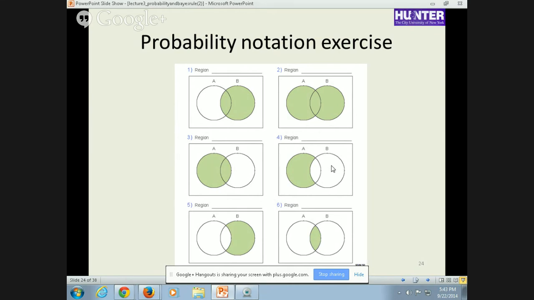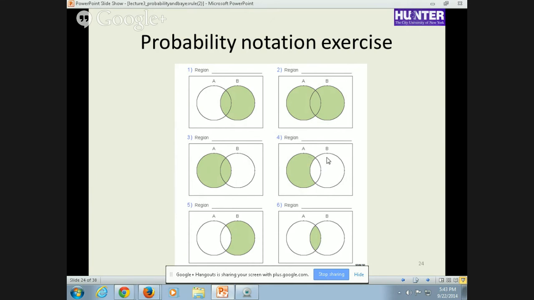And it turns out that this is one of the rules of probability. We'll write down that those two things are equivalent. So this could be the probability of A intersect with B complement, or it could be the probability of A minus the probability of A intersect B.